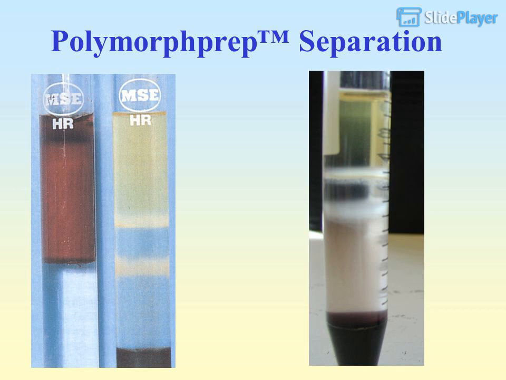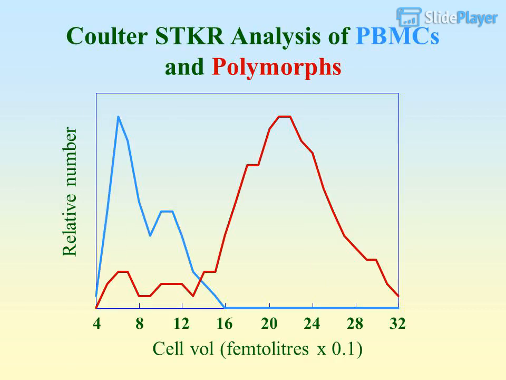Polymorphprep separation. Here are two examples of the PBMC, top band, and PMN, bottom band, separation in Polymorphprep. On the left is a photo of a separation carried out in 1988, on the right a separation in 2008. Coulter counter analysis of PBMCs and polymorphs.